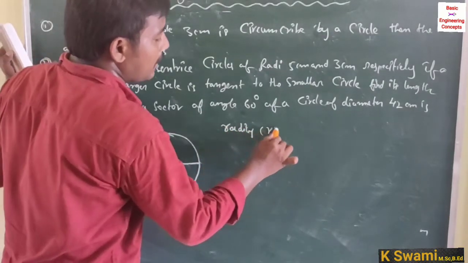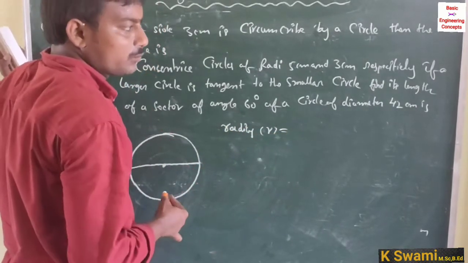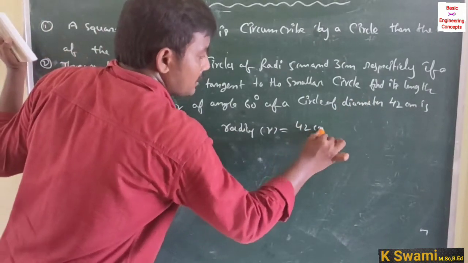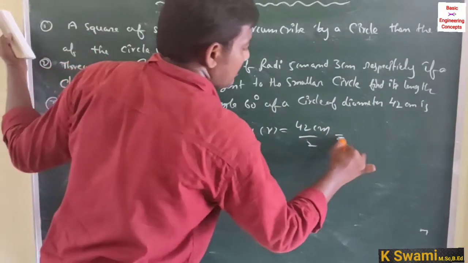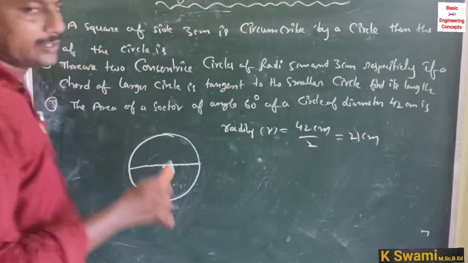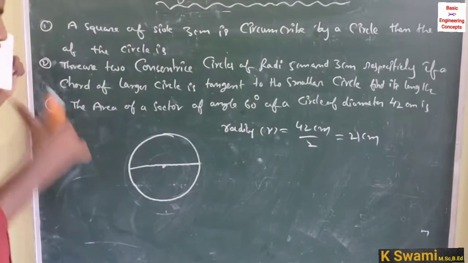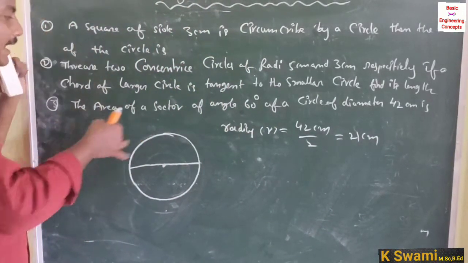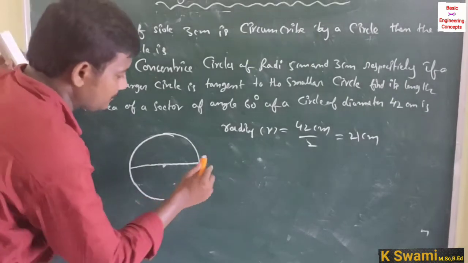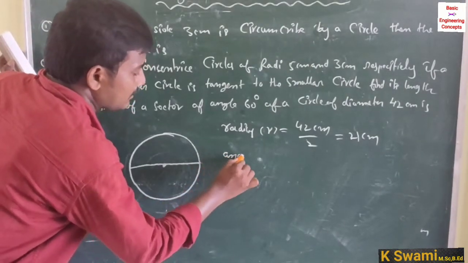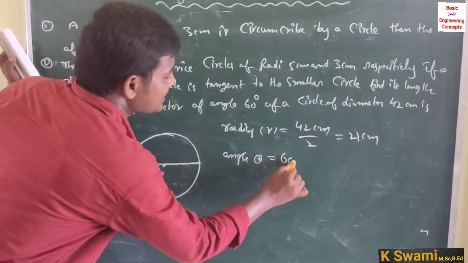Radius small r is equal to diameter by 2. So 42 centimeters by 2 is equal to 21 centimeters. Remaining, to find the area of the sector, angle theta is equal to 60 degrees.